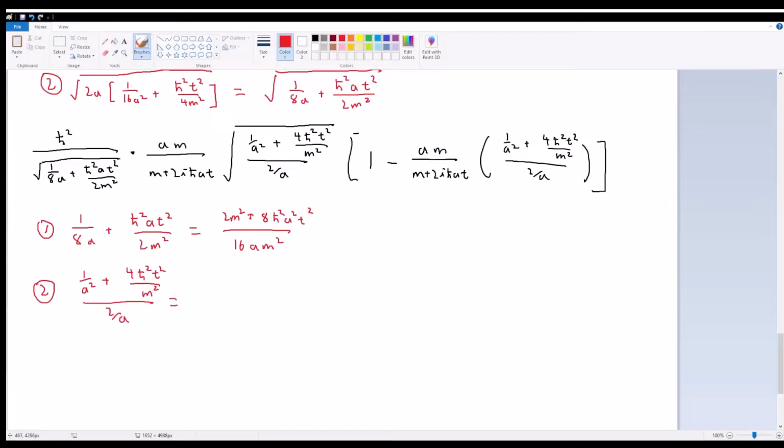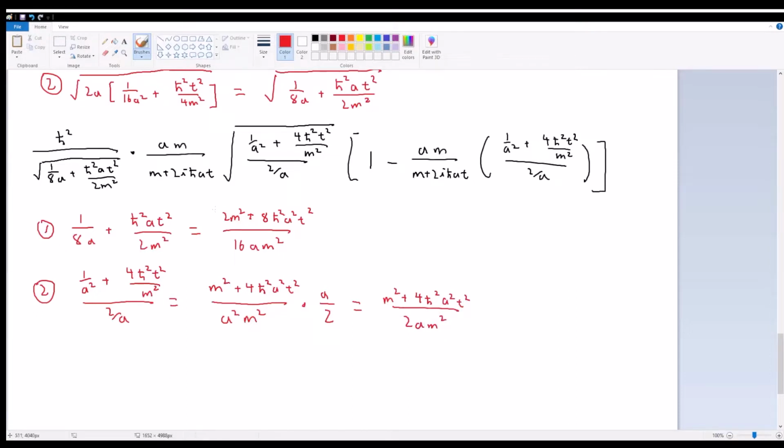So this is going to give us m squared plus 4h bar squared a squared t squared, all divided by a squared m squared, divided by 2 over a, so times a half. So this is going to give us m squared plus 4h bar squared a squared t squared over 2am squared.